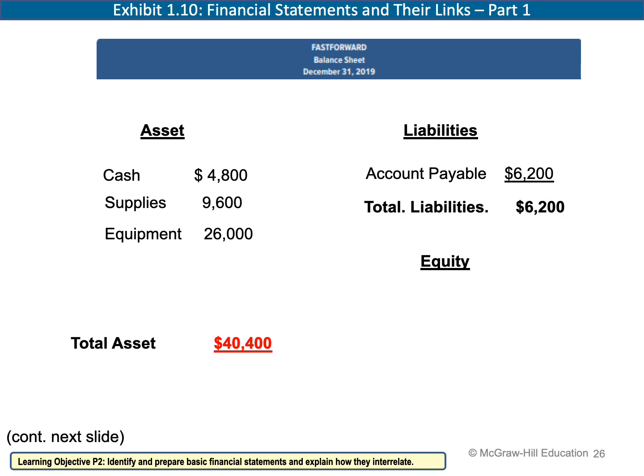Equity. What should I include in the equity? Can I include expenses? No. Why can't I include expenses under the equity? Because I already used the expenses in the income statement. I cannot use it again. Do I include withdrawals? Not at all. Why can't I include any withdrawals? Because the withdrawals, I already used in the statements of owner's equity.